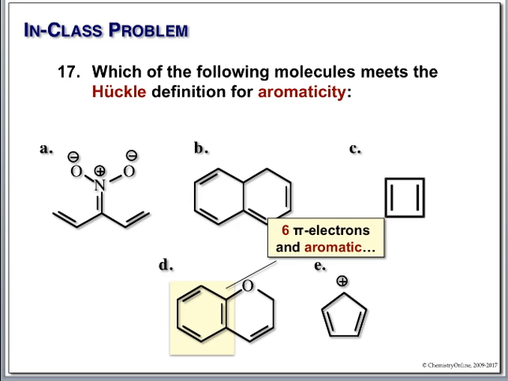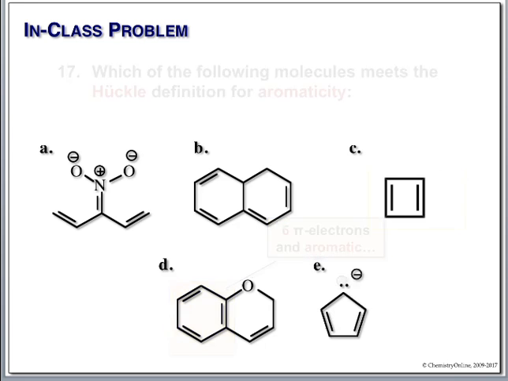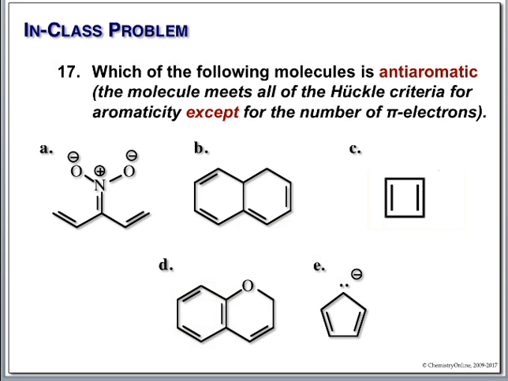So, if this was an anion, as it is in the next slide, this would have 2, 4, 6 pi electrons. Yes, it would be aromatic. But the cyclopentadienyl cation with only 4 pi electrons is not. I forgot to change that, sorry.